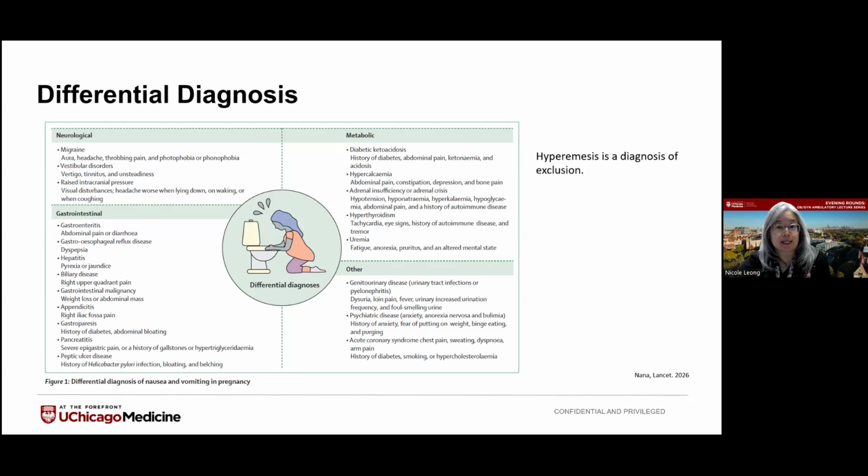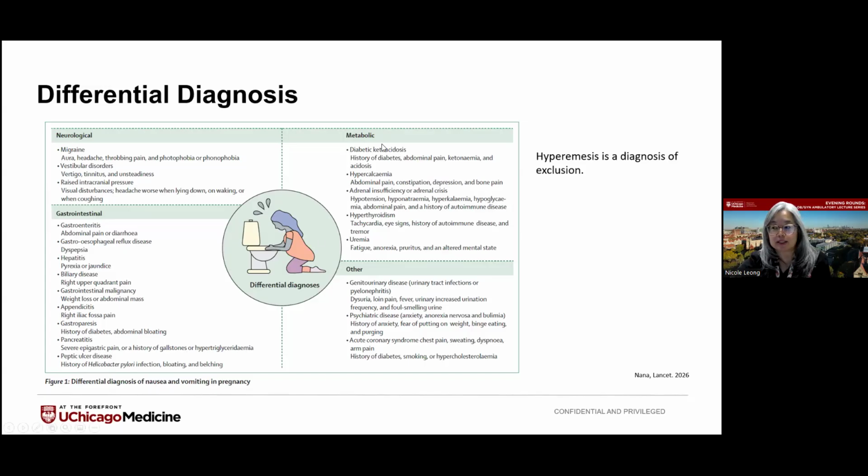Somebody who has severe diabetes might have bad gastroparesis, so their GI function is just not moving in the normal way, and that causes nausea and vomiting as well. And then appendicitis, in somebody who has severe right lower quadrant pain or other symptoms, is something else to keep in the back of our minds.